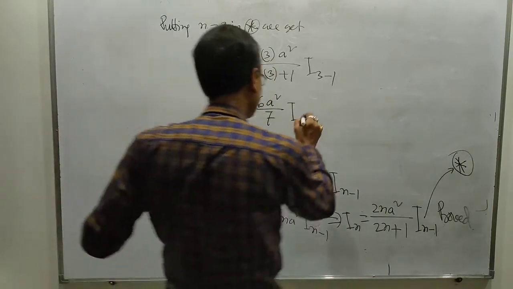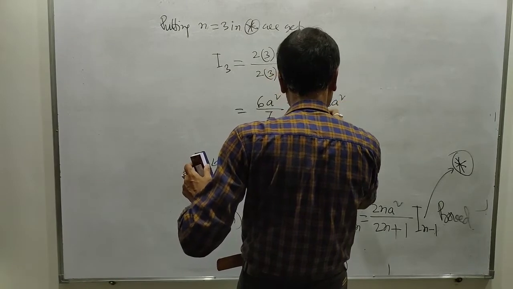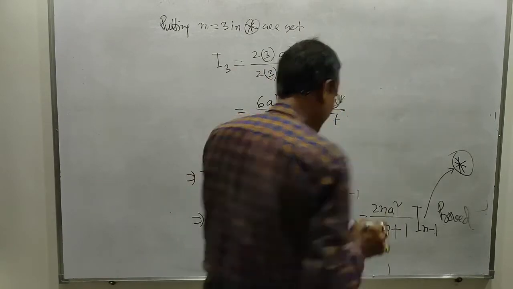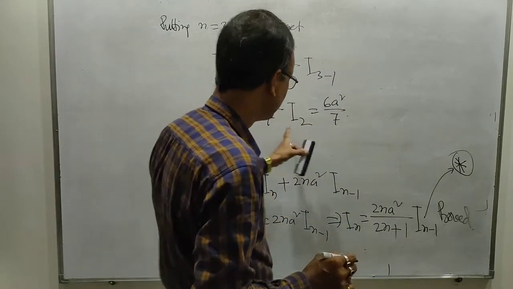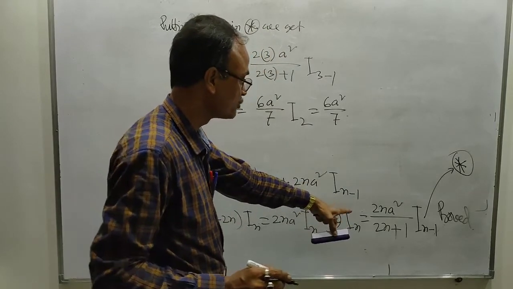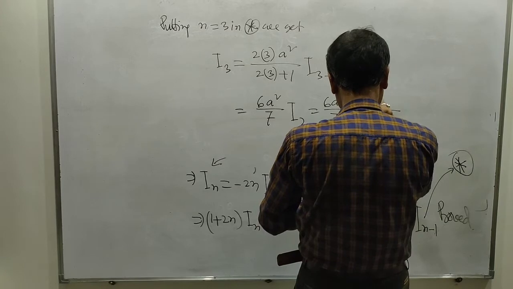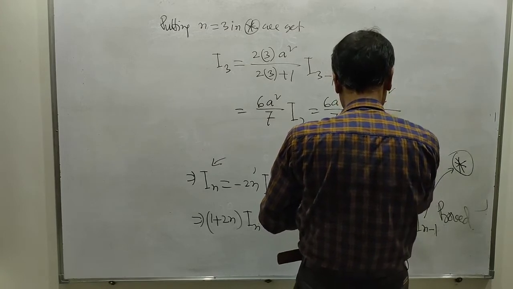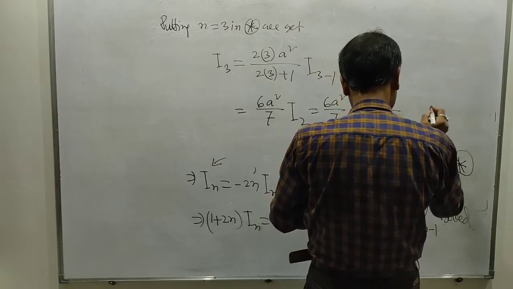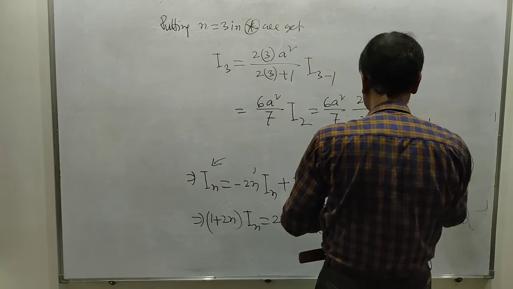Again apply this. I will put n is equal to 2 here: 2 a square divided by 2 plus 1 I2 minus 1.